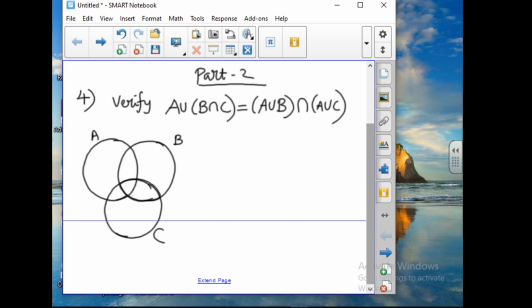You have to shade this part. This is your B intersection C. For each diagram you have to mention the name of the set and what you are finding, and you should write that under the diagram. Next, this is diagram 1. Then second one we are going to find A union B intersection C.